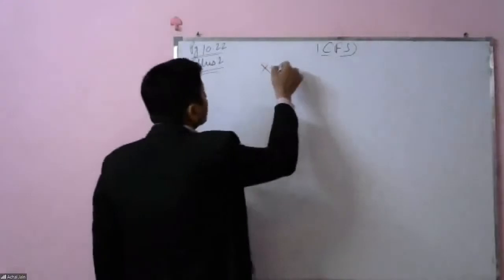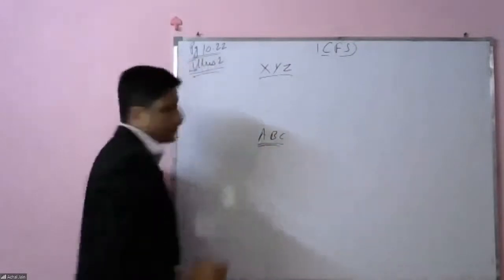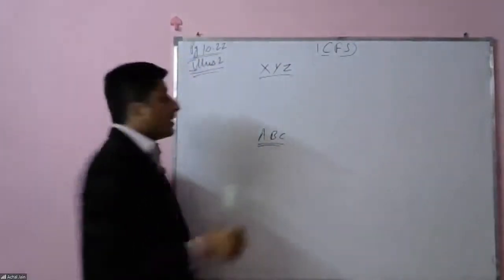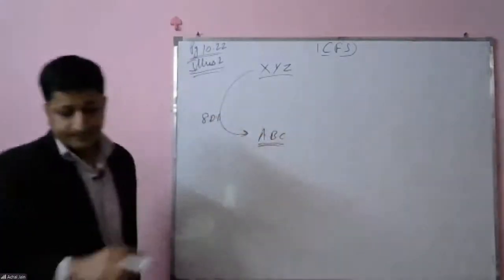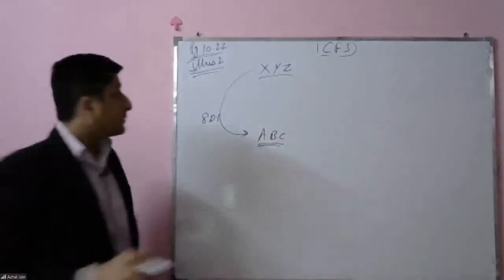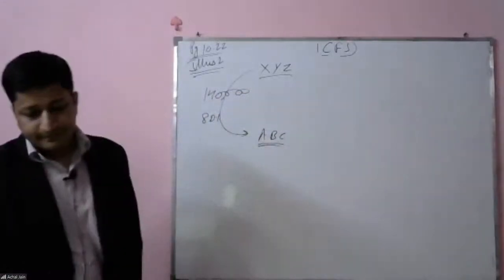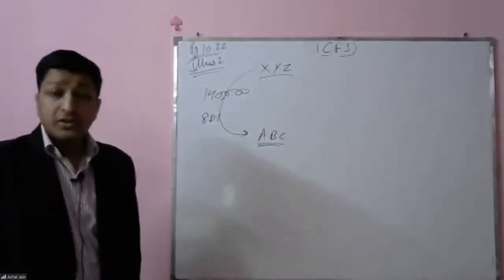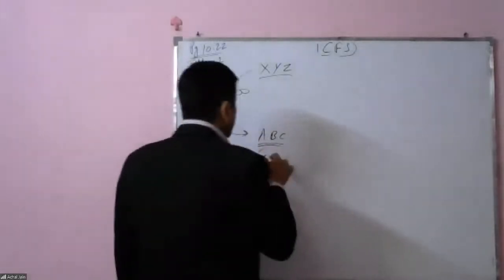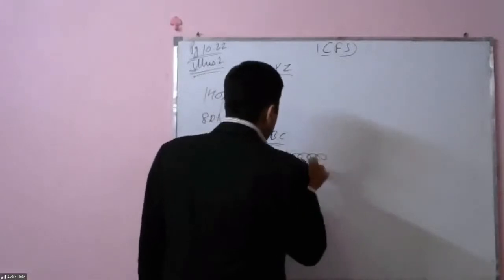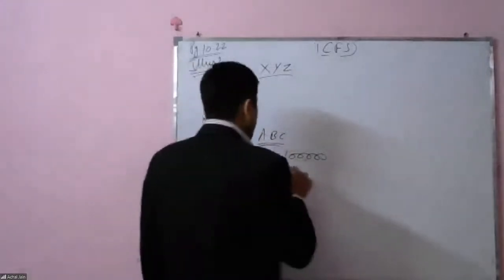So let's understand the fact pattern. So we have ABC and XYZ. XYZ purchased 80% of its shares. And when it purchased, it paid 1,40,000. This is the amount paid. On the date of purchase, ABC had capital of 1 lakh and it had reserves of 60,000.